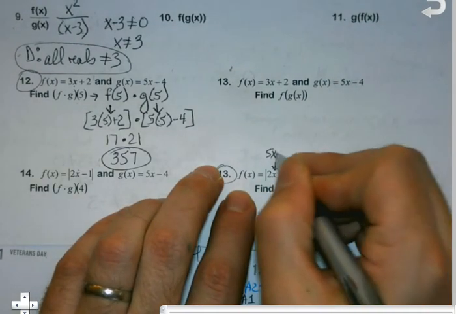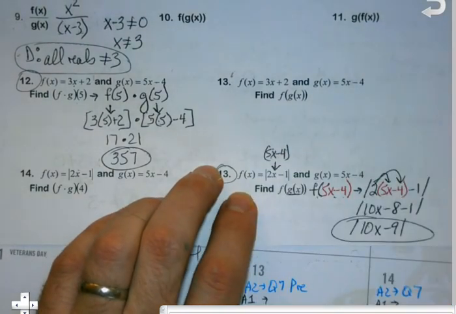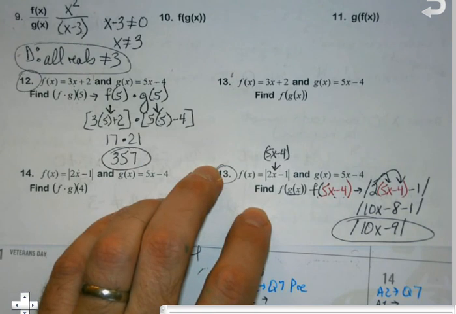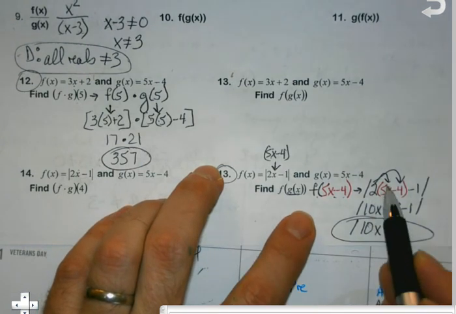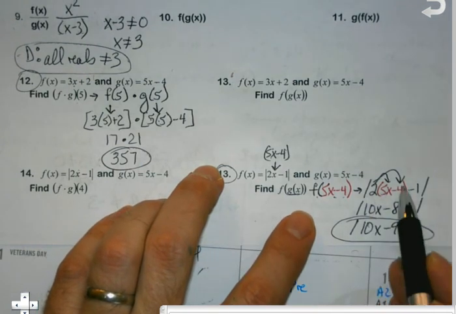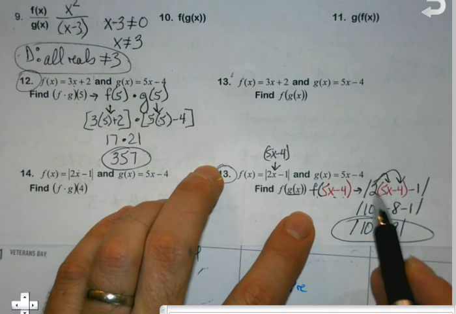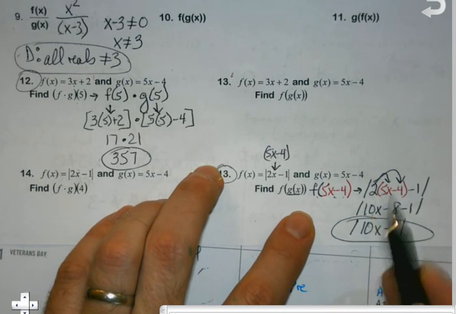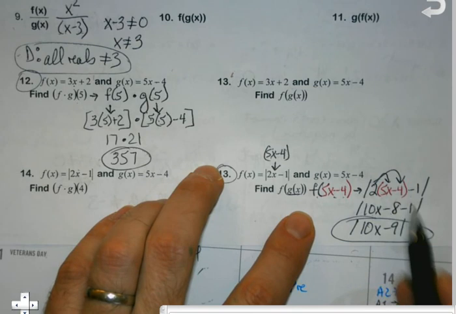I'm replacing the x with the 5x minus 4, with my g of x. Then I'm just going to distribute my 2 through. So 2 times 5 is 10x. 2 times negative 4 is negative 8. And then I'm just combining like terms.